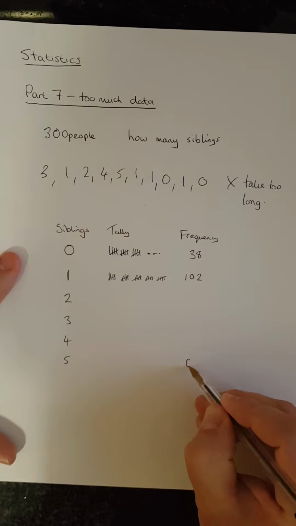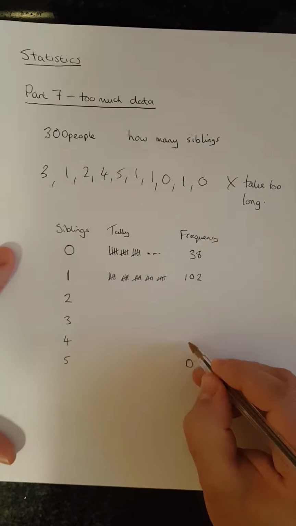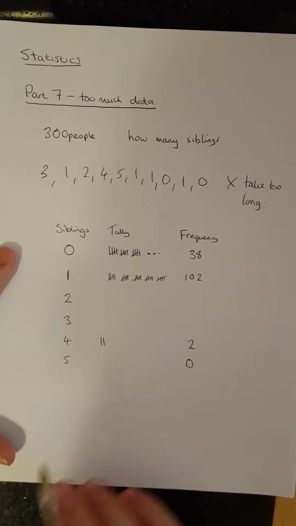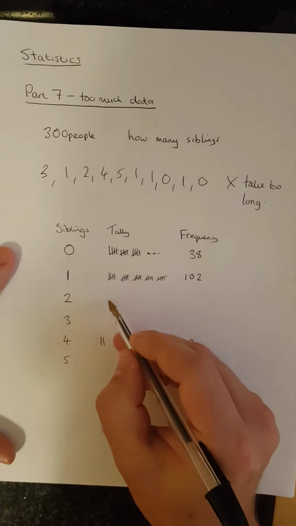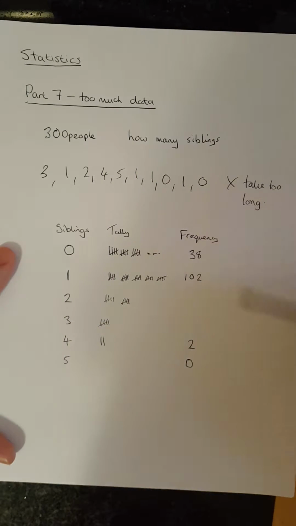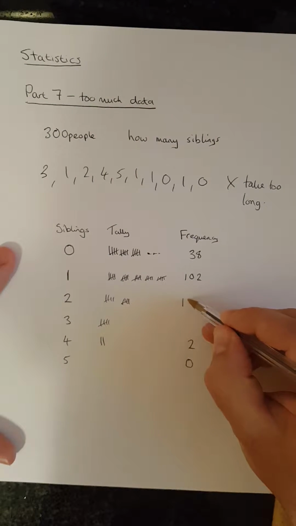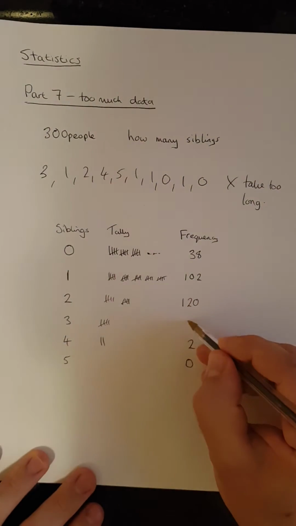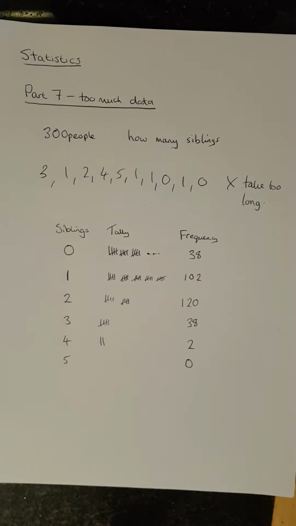And actually no one had 5 siblings in my survey, and only 2 had 4 siblings. So I didn't go beyond 5, I stopped. I got plenty more tallies at 2 and a fair few at 3. So I had another 120 here. And I had 38 again here.